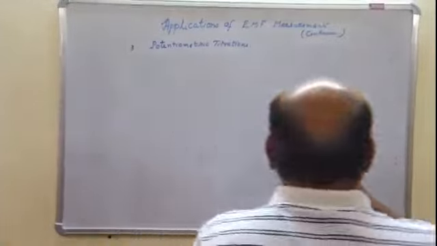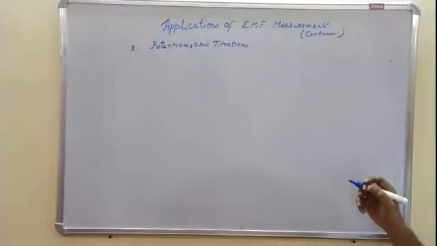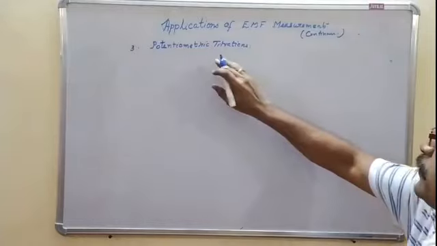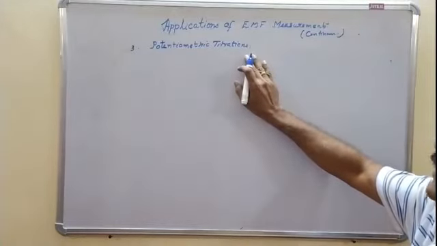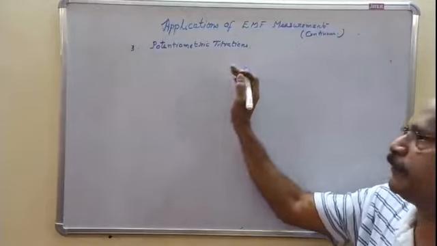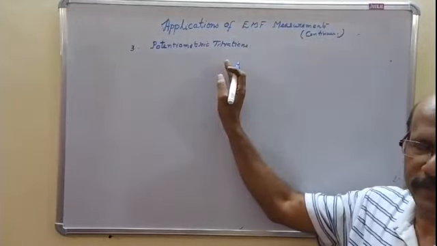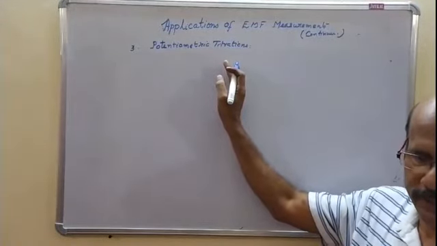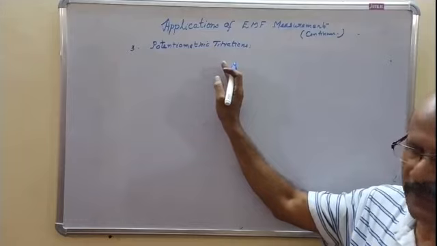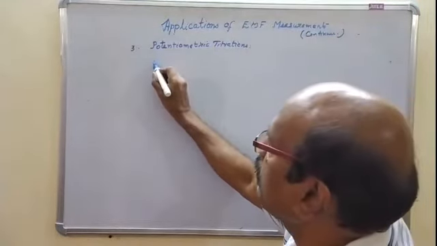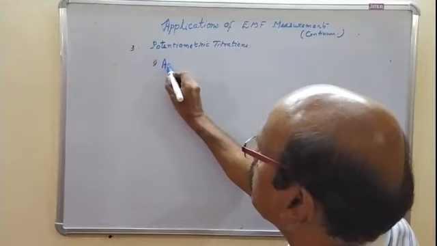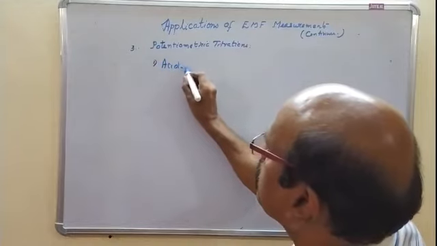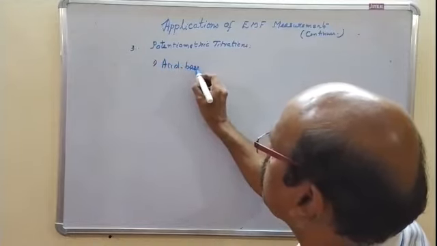Depending on the solution to be titrated, we can classify various types of potentiometric titration, or we can find the endpoint of various reactions potentiometrically. One is acid-base titration.